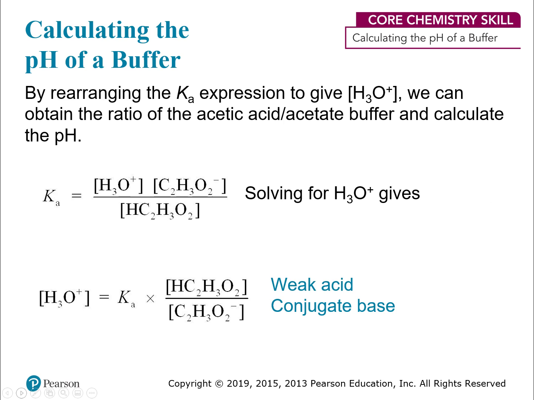We can do some calculations when it comes to a buffer. Remember the Ka expressions that we were talking about in the beginning, where you have the products over the reactants? That tells you the Ka, which is the acid dissociation constant.